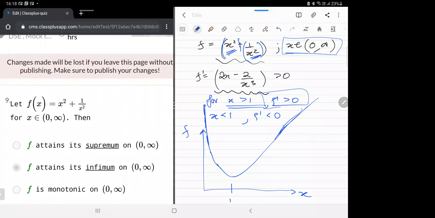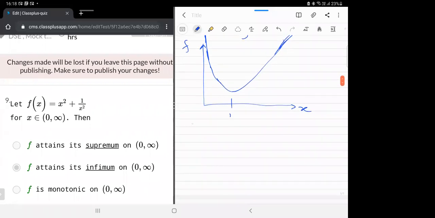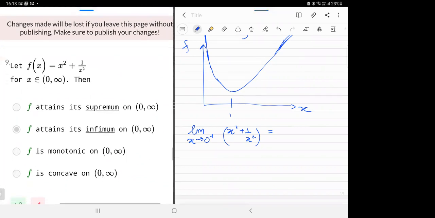Then the question is, does it achieve any limit? That becomes the next question. So what is the limit as x tends to 0 plus of x square plus 1 by x square? What is this limit? Infinity.